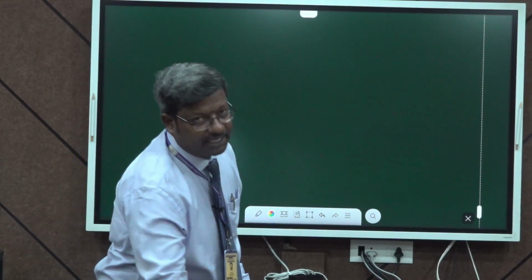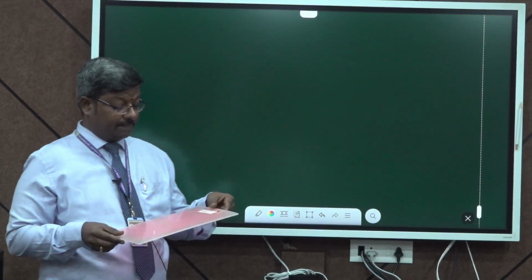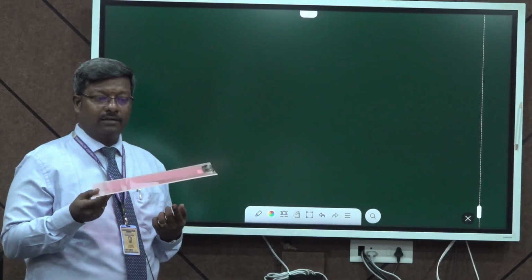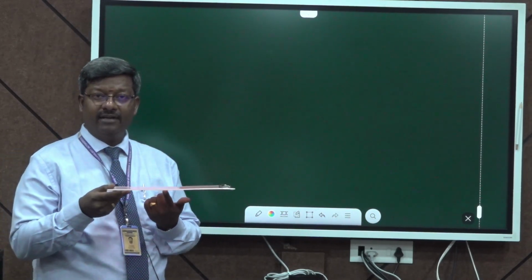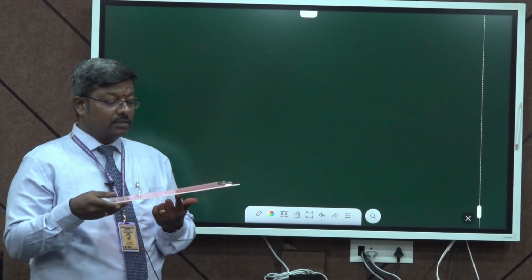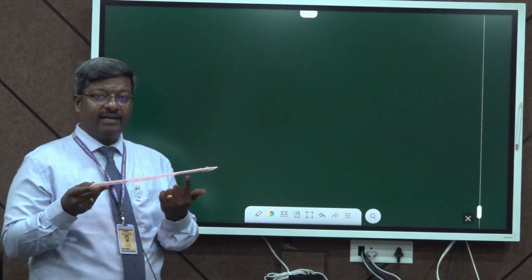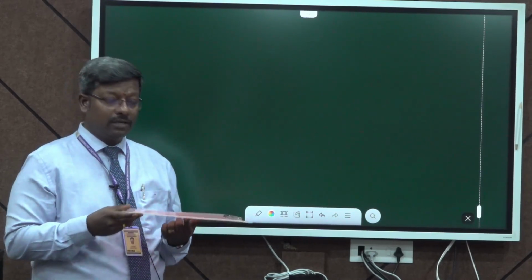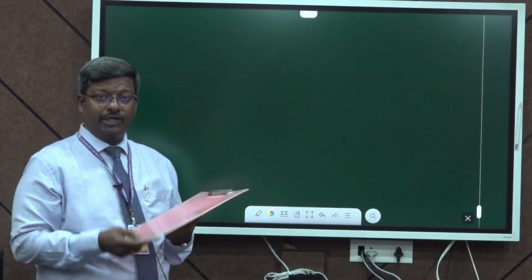Let me take an object. This is a writing pad. To balance this writing pad on a single point, I need to place my finger on the exact center of gravity point. If I place my finger anywhere other than the center of gravity, the pad will not be stable or it will topple.